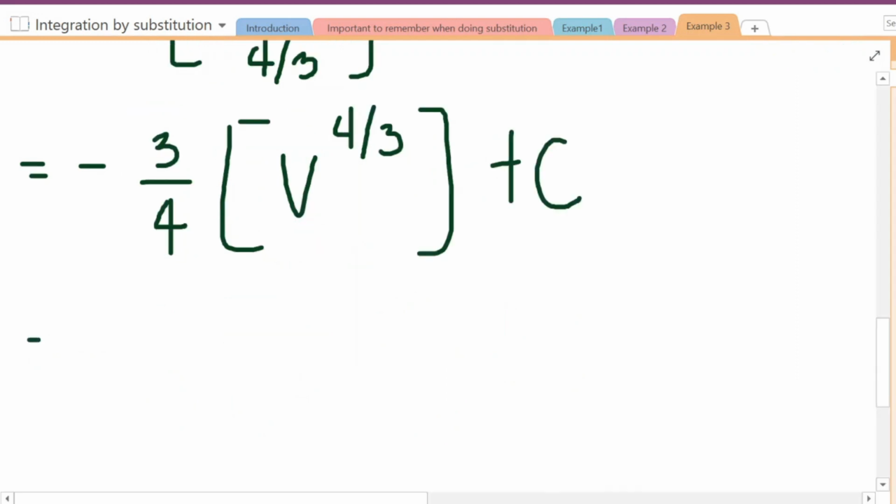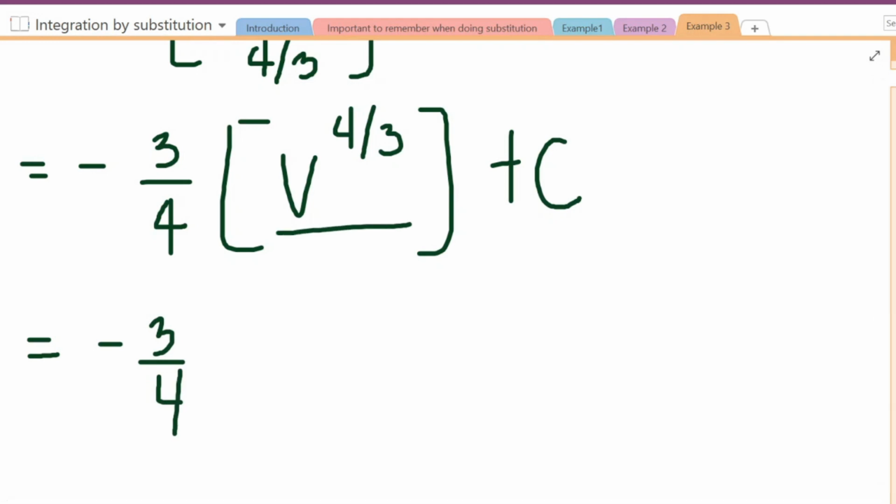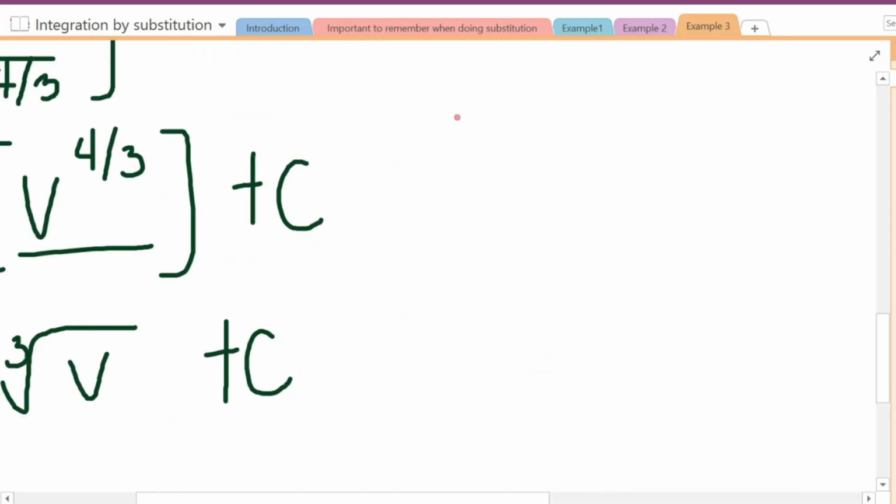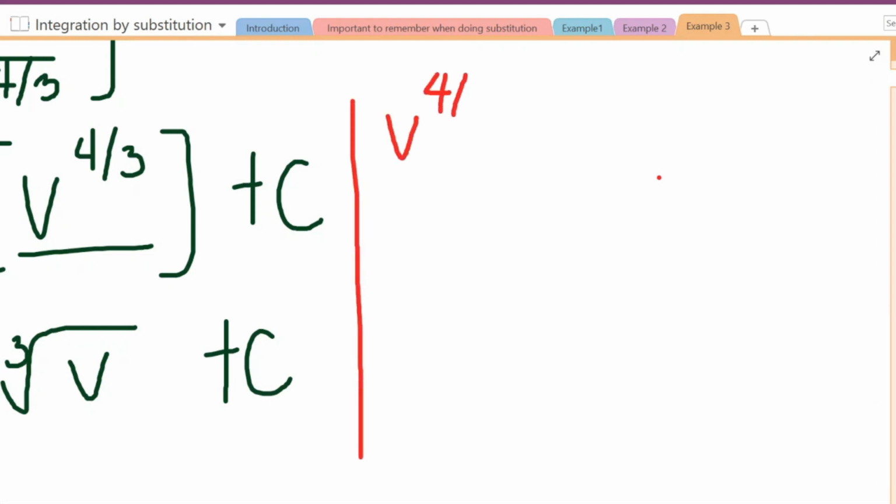Or we may write negative 3/4. How else can we write this one? That's the same as v cube root of v plus c. Just a quick review in your rules of exponent. V raised to 4/3 is the same as v raised to 3/3 plus 1/3.